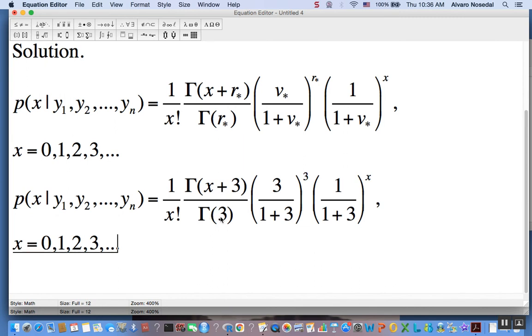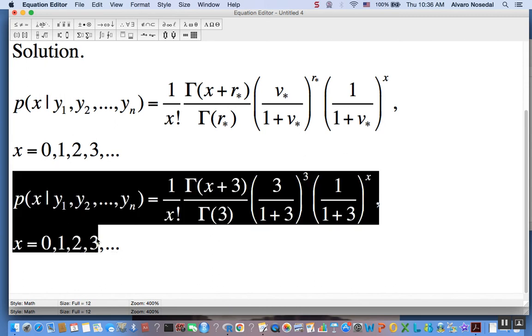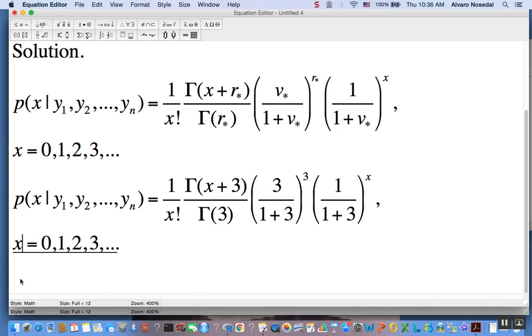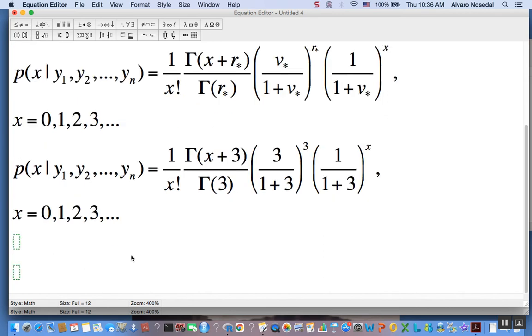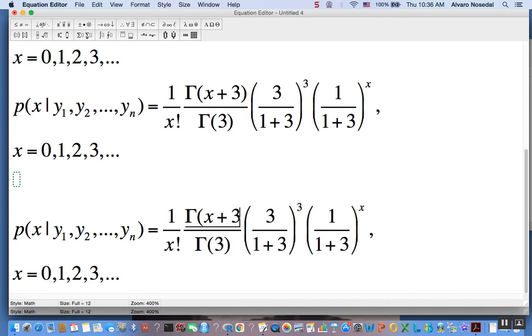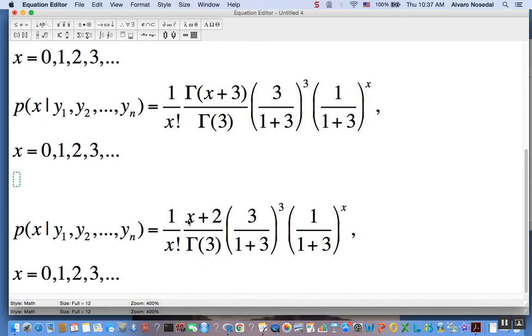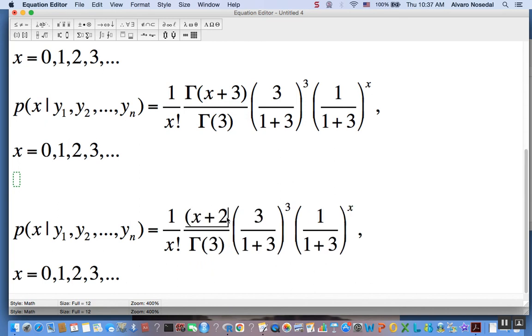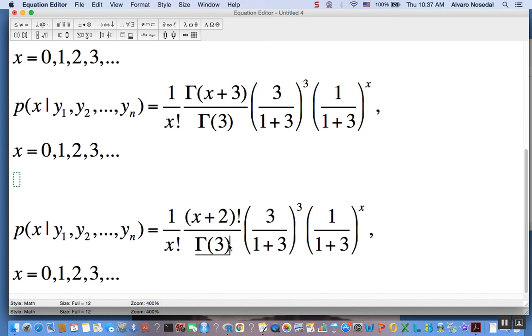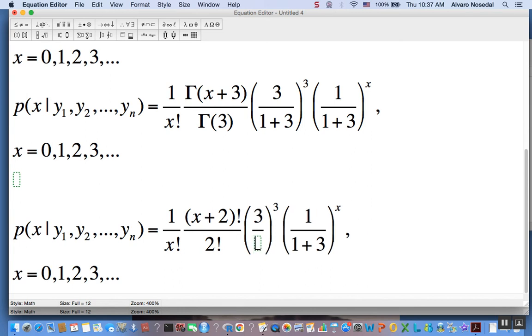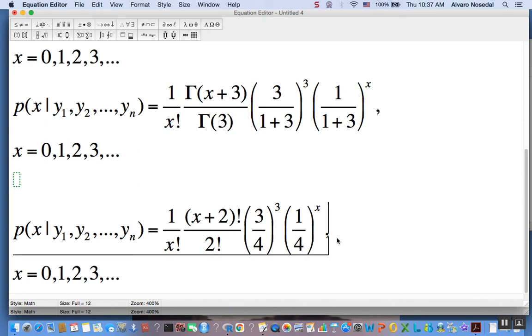This one here, gamma at 3, is the same as 2 factorial, right? So let's simplify that. So we have x plus 2 factorial. We have 2 factorial here. Here we're going to have 4. Here we are going to have another 4. And that's it.